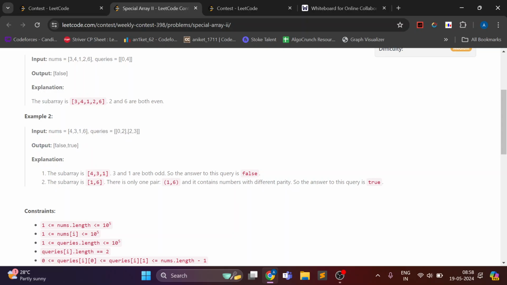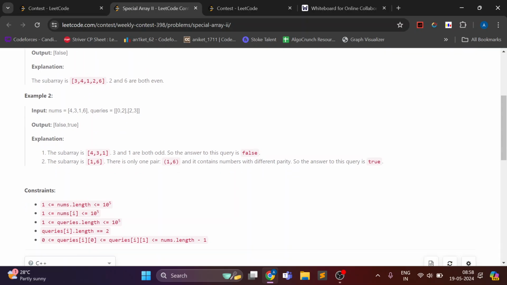And in the second test case 4 3 1 6, for query 0 to 2, this subarray 4 3 1, 3 and 1 are both odd. That's why the first boolean in the vector is false. And for the second query 2 3, this is the 1 6 subarray and both of them have different parity, so here the answer is true.